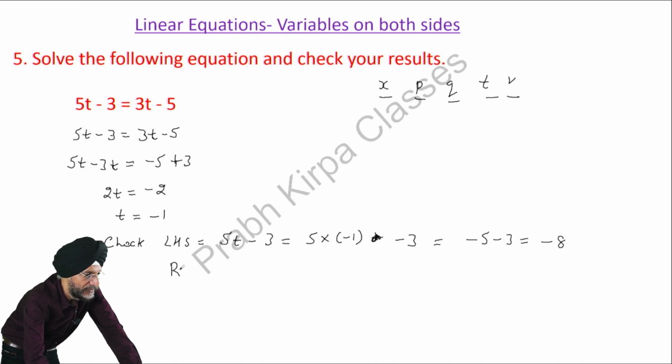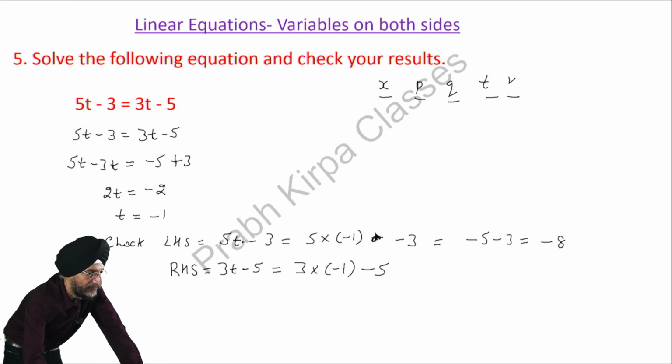So now we will see what is right hand side expression. It is 3t minus 5. 3, we will fill the value of t, it is minus 1, then minus 5. So minus 1 into 3, minus 3, minus 5.